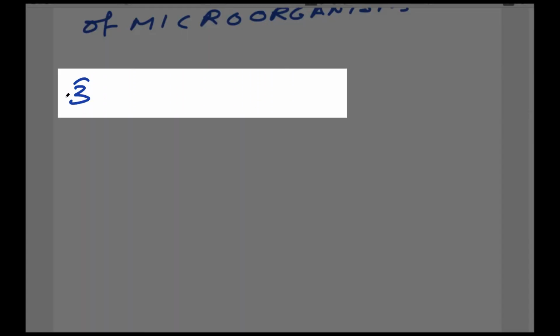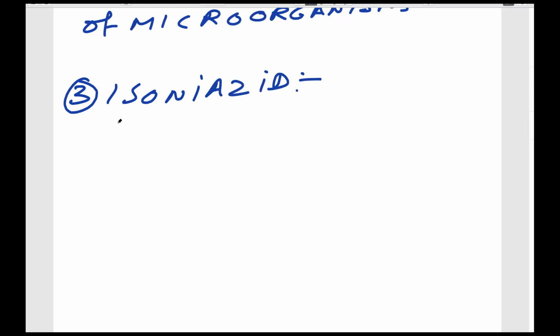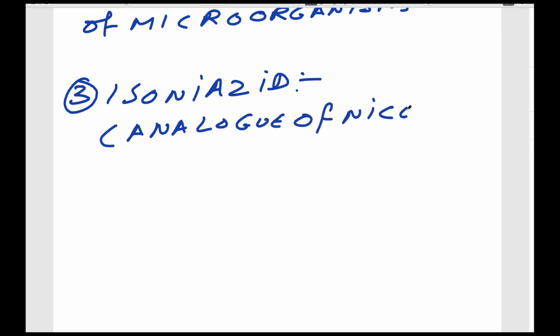Then the third one is isoniazid. It is a structural analog of nicotinamide. Okay, it is an anti-tubercular drug.